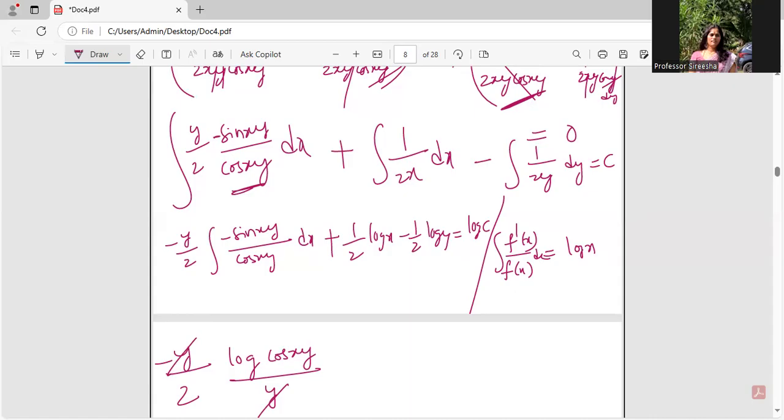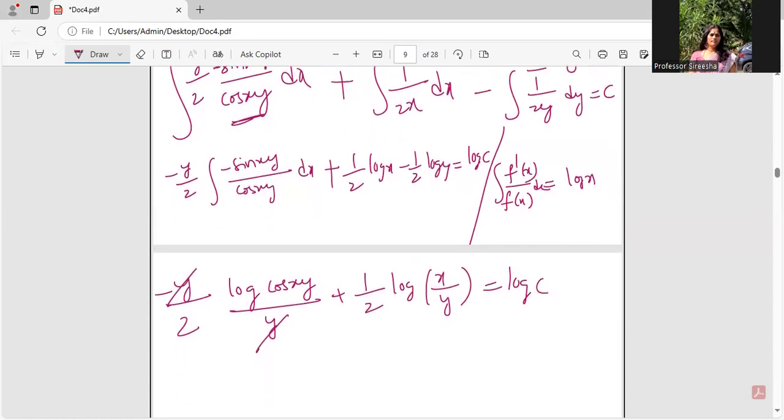So if all logs go off, what I'll be having is half log x by y is equal to log c. So what I'll be having, just see here. 2 I can take towards the right, that's fine. There's a negative sign.